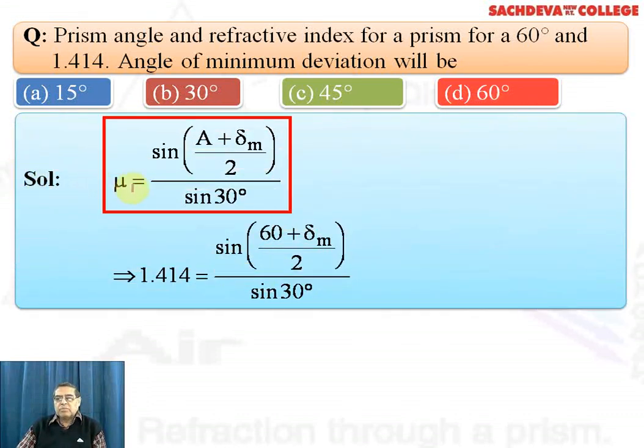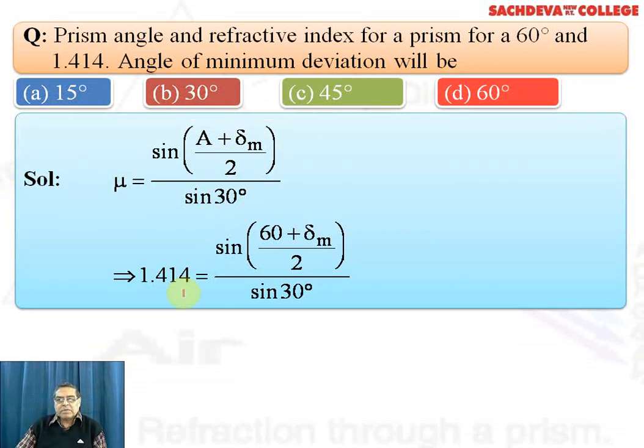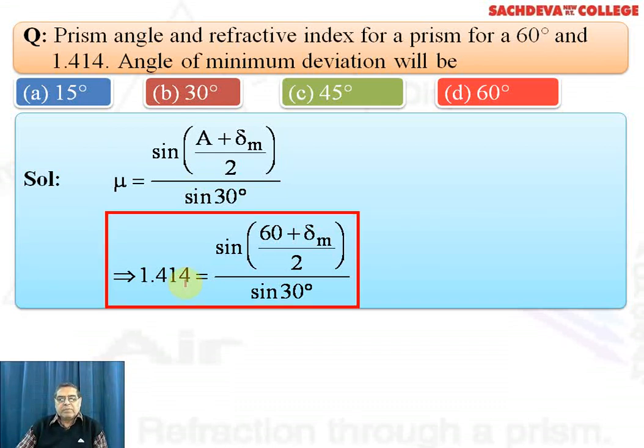Again, we use the formula of the refractive index, that is mu equals sine of (A plus delta m) by 2 over sine of A by 2. Mu is given to us as 1.414. The angle A is 60 degrees, and divided by 2 it becomes 30 degrees.